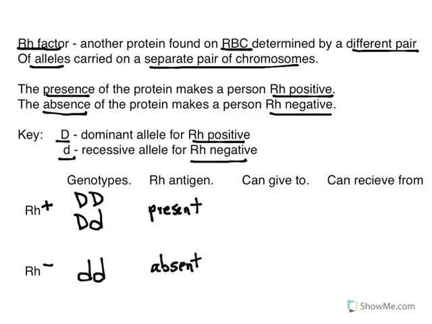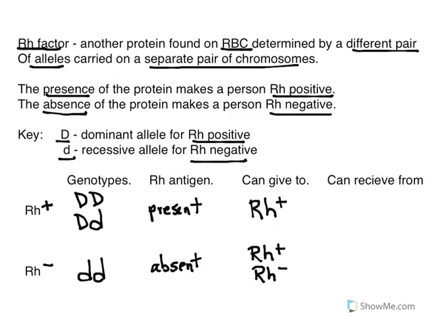Now, who can you give to and who can you receive from? If you are positive, you can only give to Rh positive. If you are negative, you can give to Rh positive and Rh negative.